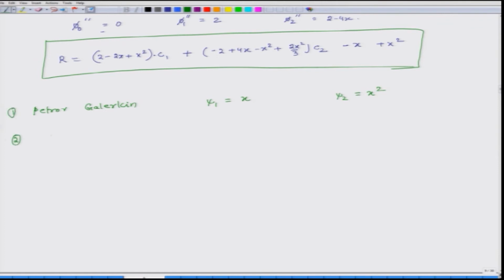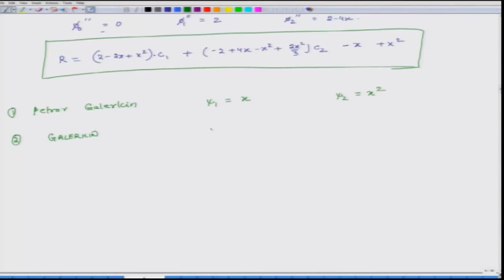Then for the Galerkin method, the requirement is different: the weight function should be the same as the approximation functions. So, here psi 1 equals phi 1 and psi 2 equals phi 2.